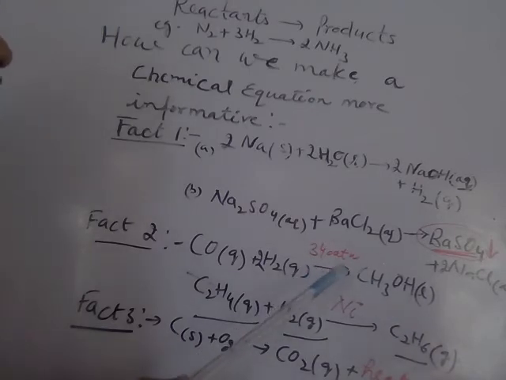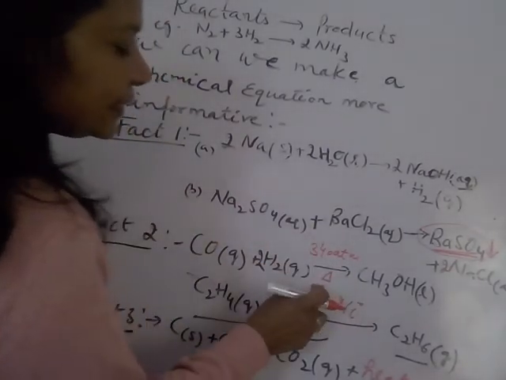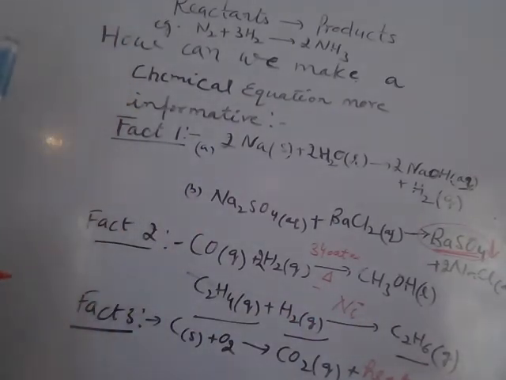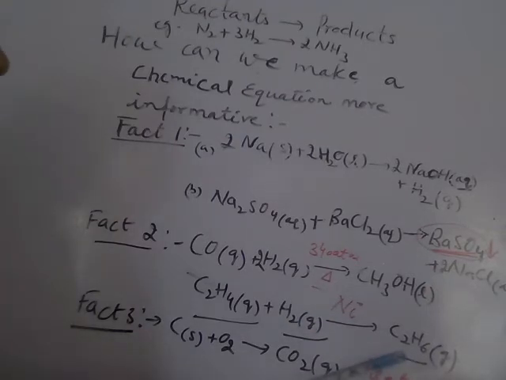Similarly, we can write the temperature also. We can write a triangle to represent heat, or we can mention the value of temperature, like 273, 373, whatever it is. Now here in this reaction, ethene gas reacts with hydrogen gas to form ethane gas.